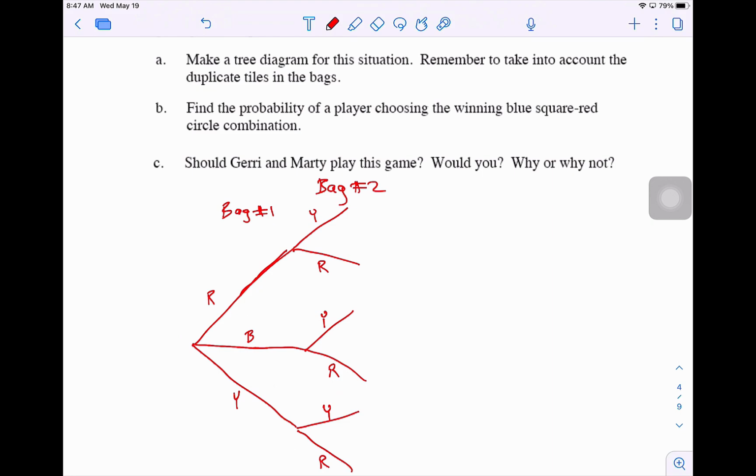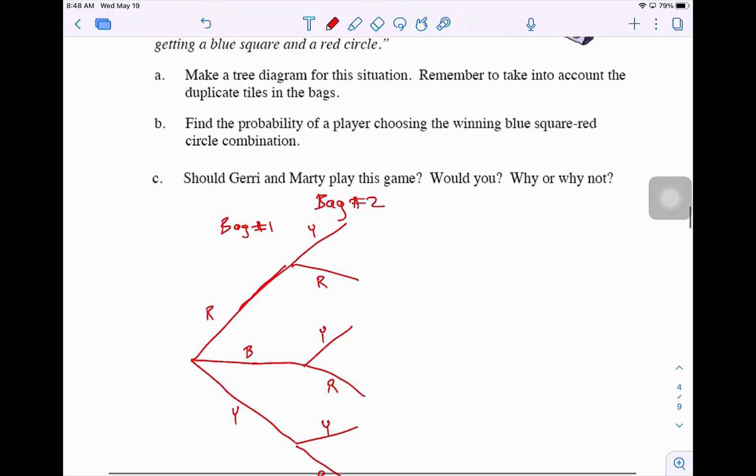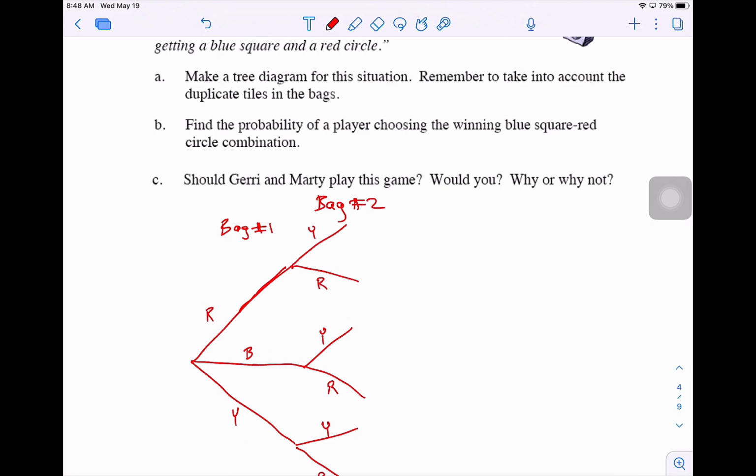Now, let me ask you the question, because I'm going to go back to what Nick had said. He said earlier that it didn't seem quite right that we just had the different combinations. Because notice, that's pretty much what we now have in a tree diagram. First one could be red, second one could be yellow. Red, yellow. Then we could have red, red. That's an option. We could have blue, yellow.